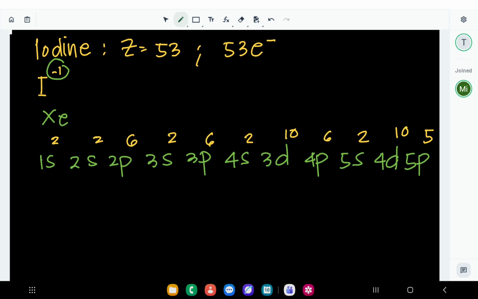Now, okay, you said xenon is the, what's this? The noble gas just right before iodine. It's krypton. It's right before. It should be krypton.